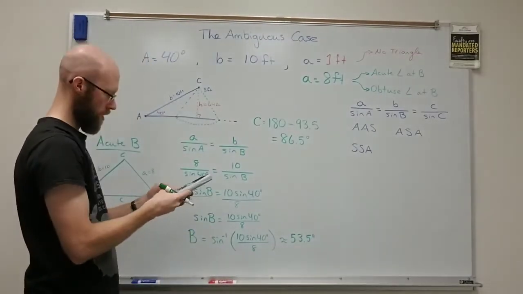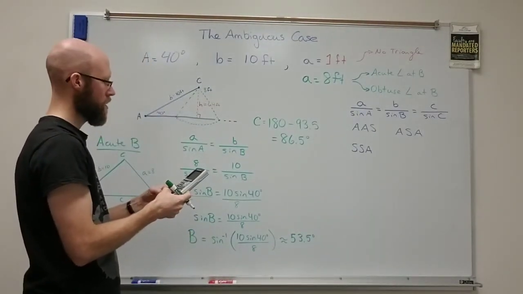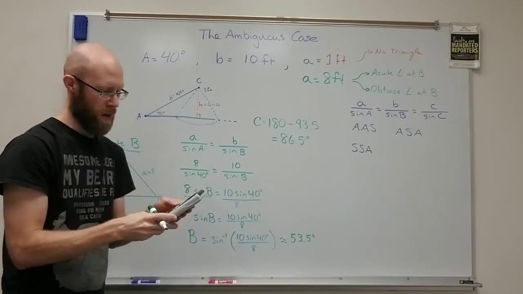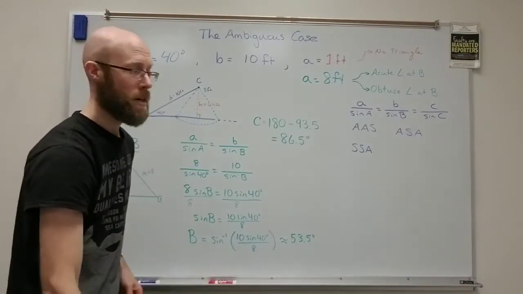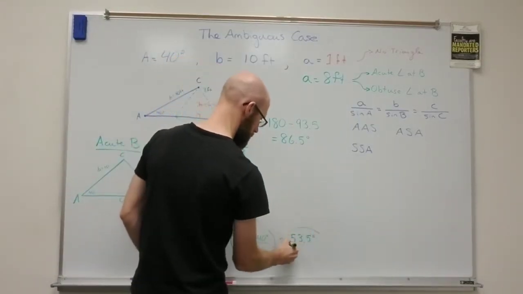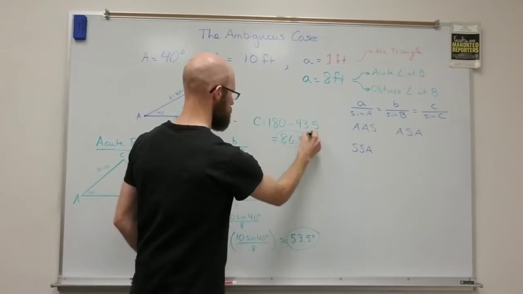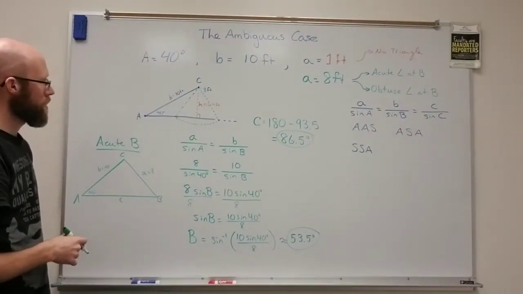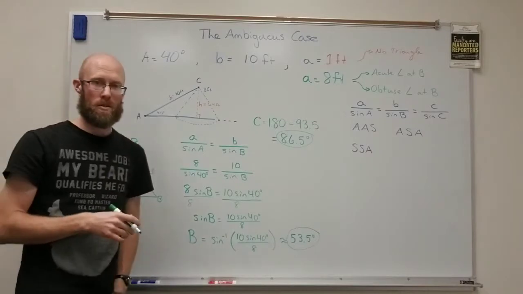Maybe I'll just double check that. 180 minus 93.5, 86.5. That would be it. Okay, so it's an 86.5 degree angle. So I've got two of my answers, and of course I'm just rounding to the nearest tenth here, not being too particular about significant digits or anything.